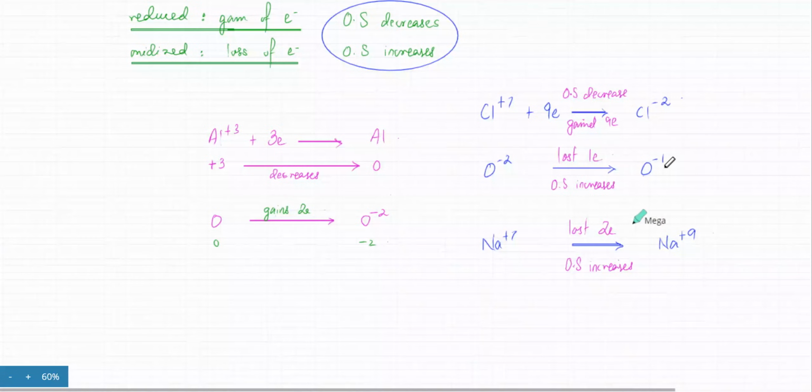So why do we need this? The reason we need this is because in a redox reaction, oxidation states would be changing. Some things would be gaining electrons, and some things would be losing electrons, right?